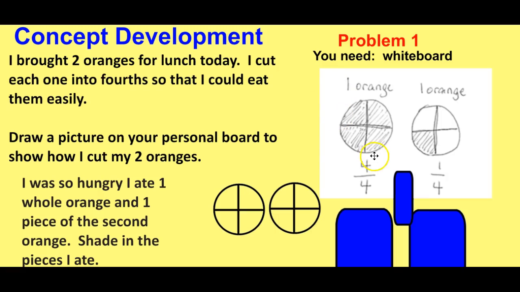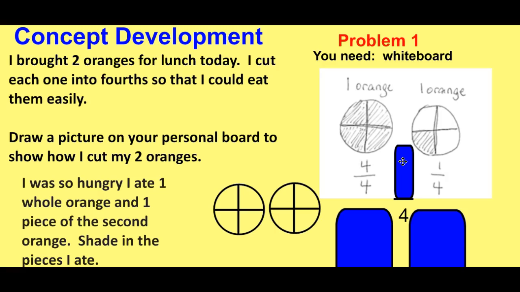Each one of these circles has 4 equal parts, so our denominator is still going to be 4. You just always have to keep in mind that the denominator is how many parts there are in the whole. In both of these oranges there were 4 equal parts, so that's where our denominator of 4 comes from.